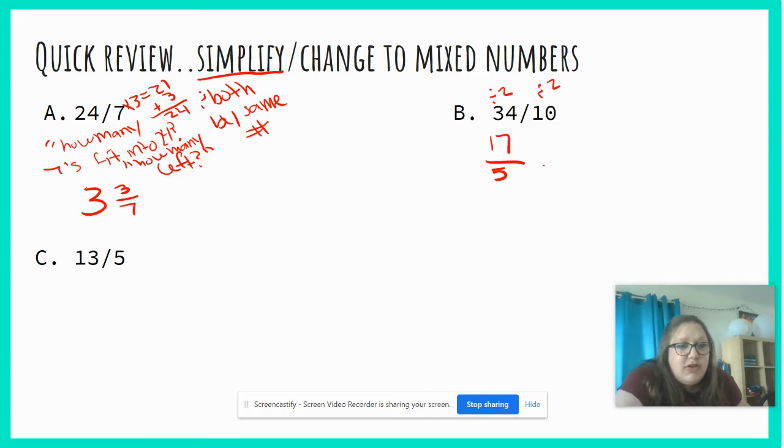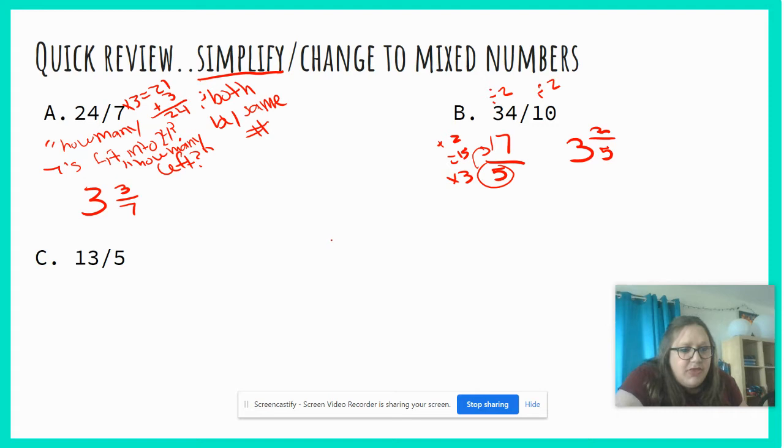Now I can change this into a mixed number. I'm going to first ask myself how many 5s fit into 17, and that's 3. And that equals 15. So my whole is 3. And then plus 2 more would make equal 17. So we have 3 and 2/5. How many wholes fit in? How many left over? That's your questions.